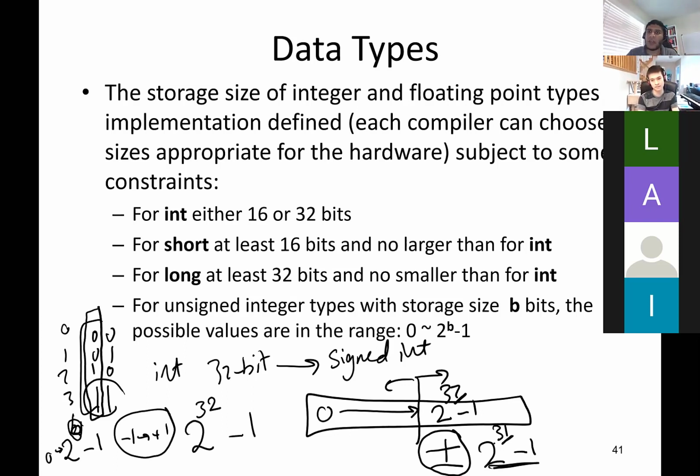Why am I spending too much time on this? Because first of all, it's important to understand the hardware, and it's important for software development. For example, assume I'm talking about a specific number of students, which means there will never be a negative number of students in any class, right? Given that I know the unsigned int can represent more numbers, it's in your favor to write your code in an optimized way by defining the variable that expresses the students as unsigned int.